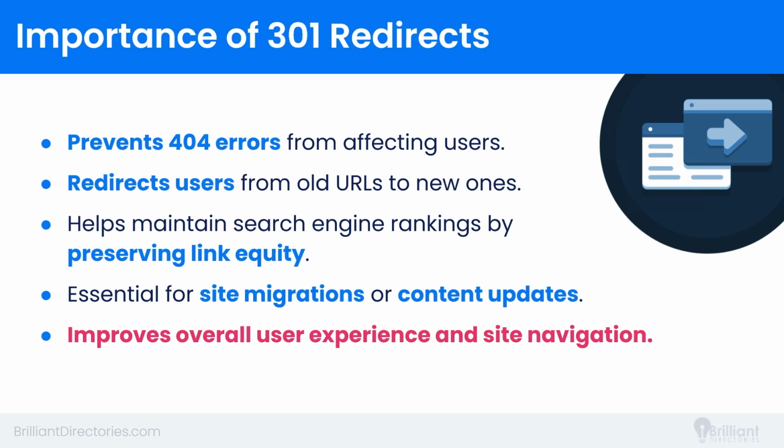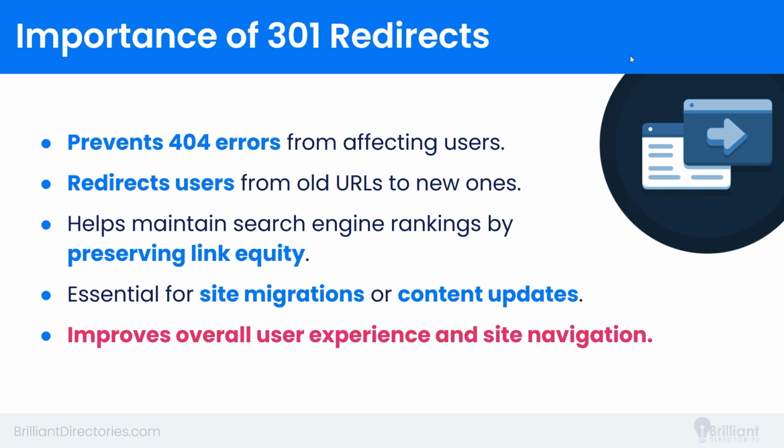This helps to maintain also search engine rankings by preserving link equity. This is why it's so important when you're migrating your website from one platform to another, or even just building a brand new website, maybe on the same platform. Again, if you have existing content on your website and those pages are already being indexed by Google and other search engines, and they're being listed in search results, you want to maintain that. You don't want to lose your rankings in search engines.